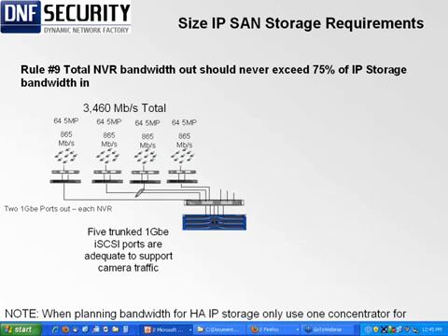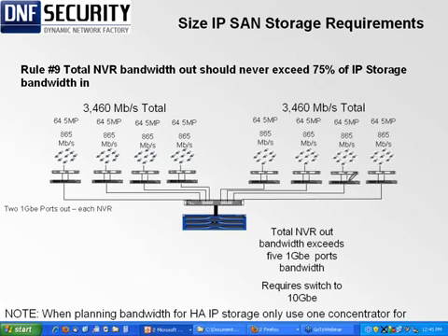In this case, I have my output coming in, and I'm using 5 1 gig ports, and I'm more than adequate to meet my bandwidth requirements. So output of the NVRs should be less than the input into the storage. Here, I've now doubled the output by virtue of adding double the number of NVRs and cameras. I would have exceeded the 5 individual 1 gig port capability. So I was forced to make sure that the input to my storage was greater than the total output of all of the NVRs. Does that make sense?